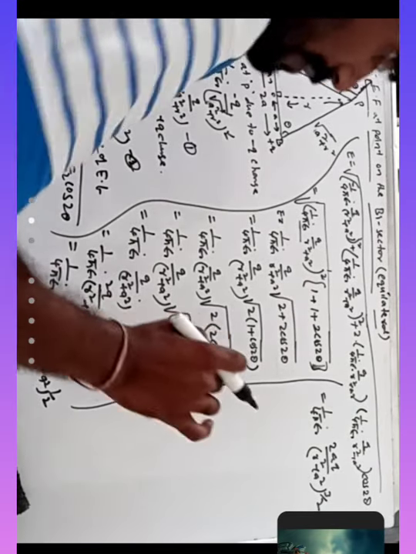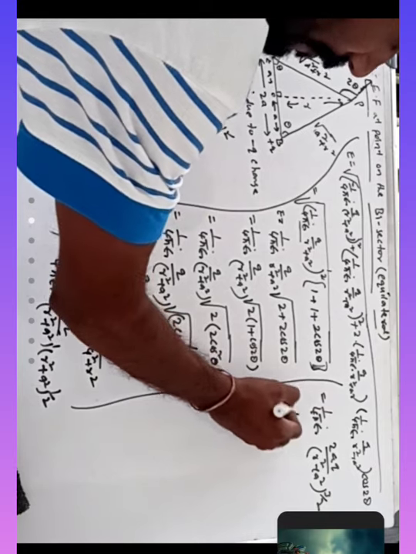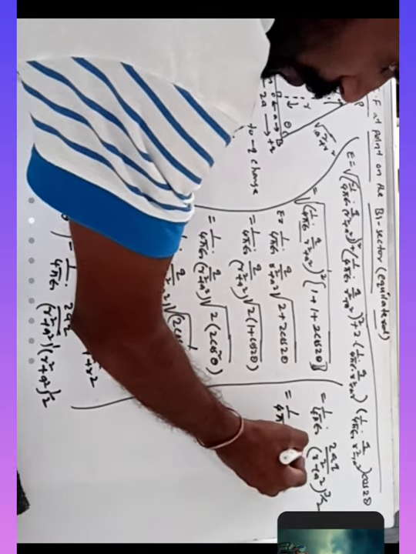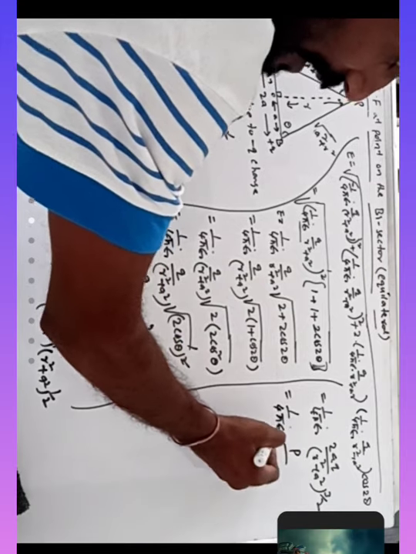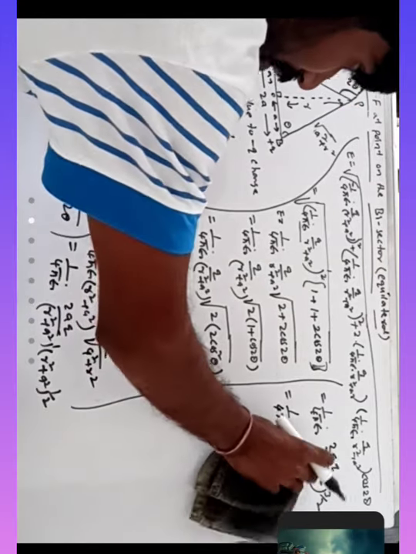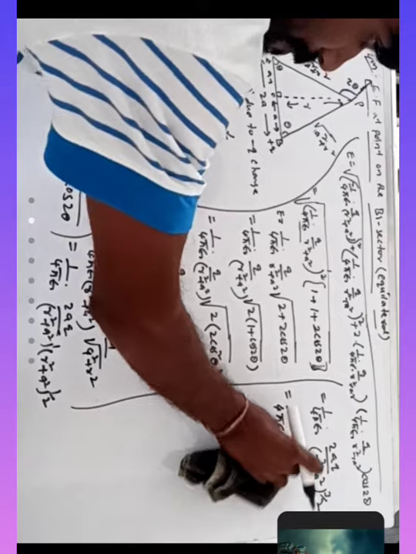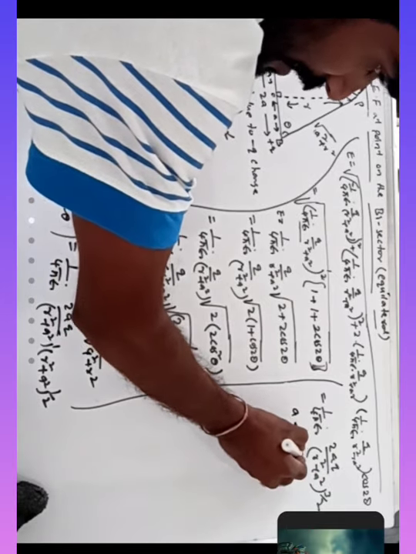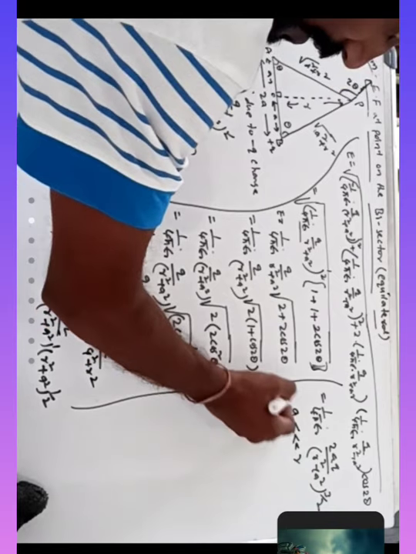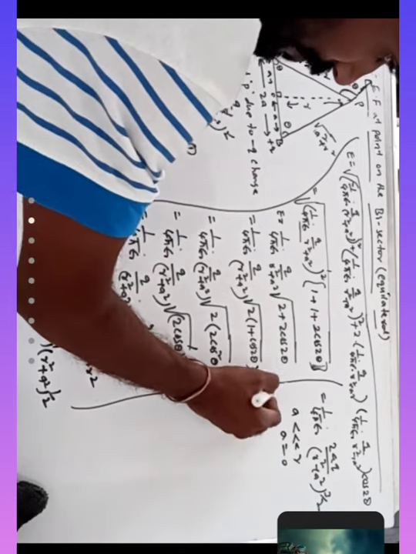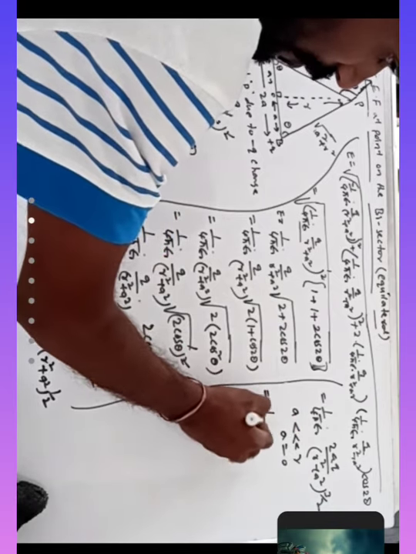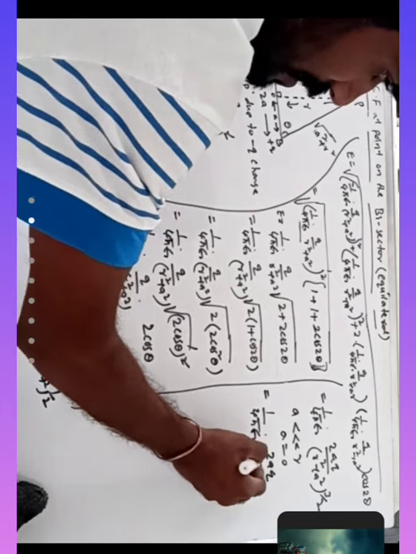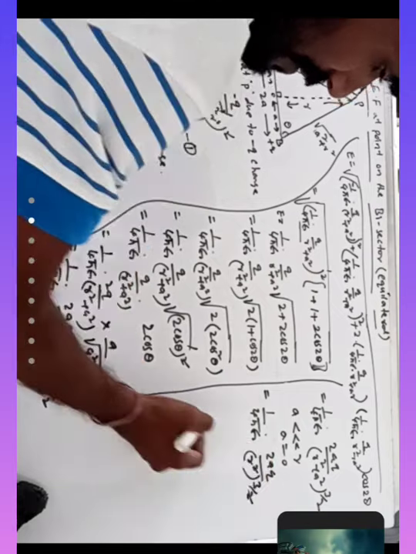Now here in this one, 1 by 4 pi epsilon naught into 2A cube is p only, because it is the dipole moment. Now observe here, directly we enter it: the A value is less compared with R. Now A value is equal to 0 at that time, 1 by 4 pi epsilon naught into 2A cube by R square whole power of 3 by 2, square cancels.